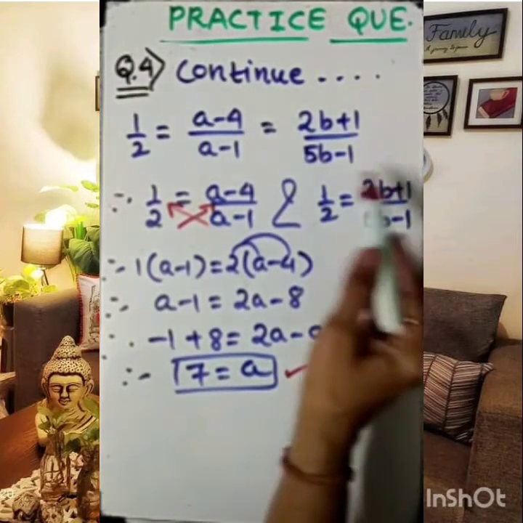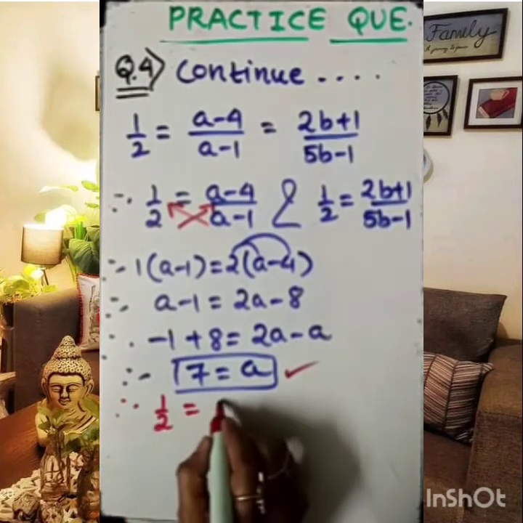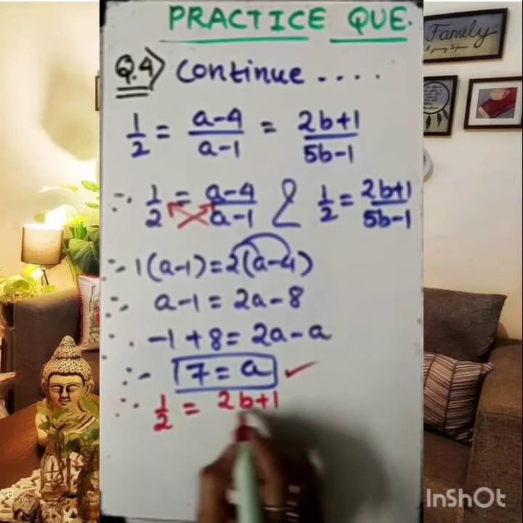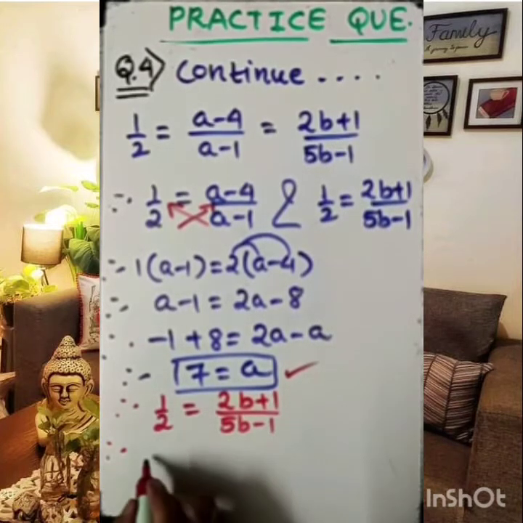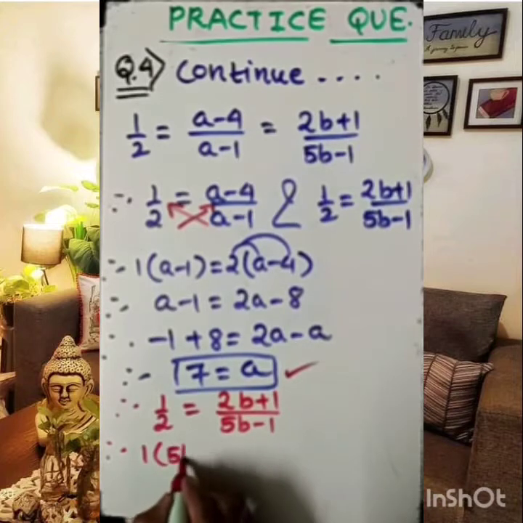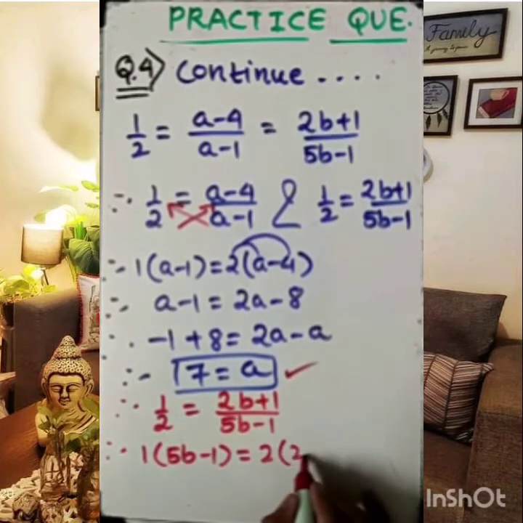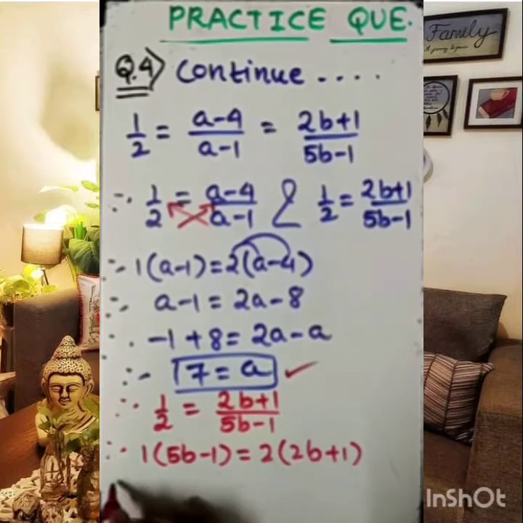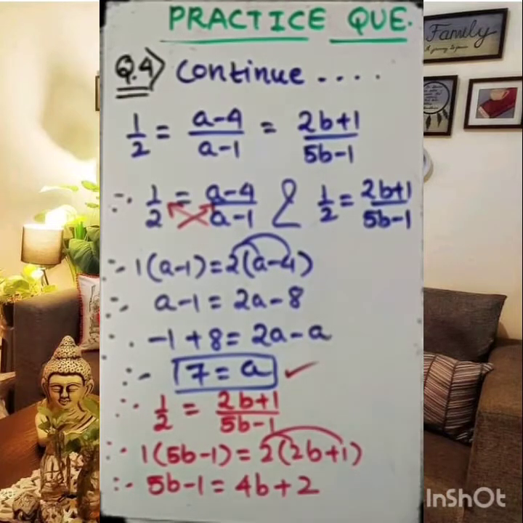Let's try to find the value of b through this. So we will have 1/2 equal to 2b plus 1 upon 5b minus 1. Let's do the cross multiplication. So 5b minus 1 on this side, and 2 will be in the product on this side with 2b plus 1. Therefore here 5b minus 1, 2 into 2b is 4b, and 2 times 1 is 2. So next step, what should I do?